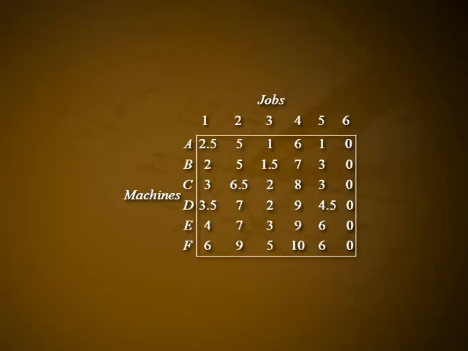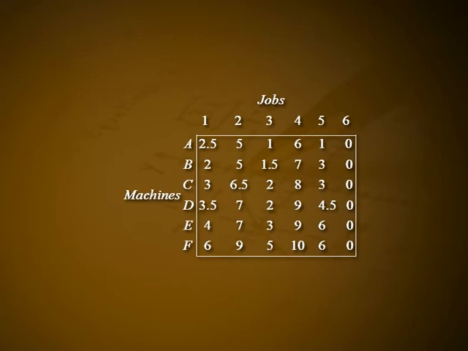Solution. The given assignment table contains 6 rows and 5 columns, that is, 6 machines to be assigned to 5 jobs. To balance the problem, we add a 6th column to the matrix with elements 0, denoting the cost associated with a dummy job, job 6. Then the cost matrix becomes machines A, B, C, D, E and F, jobs 1, 2, 3, 4, 5 and 6 with cost for A 2.5, 5, 1, 6, 1, 0.